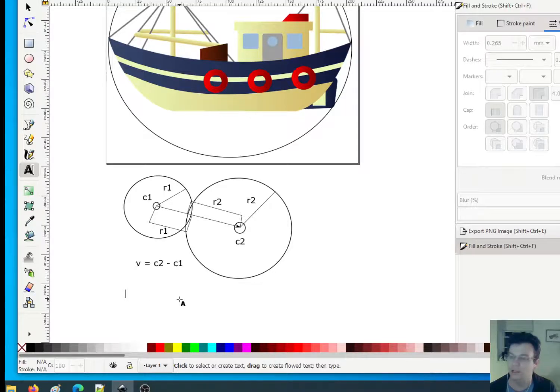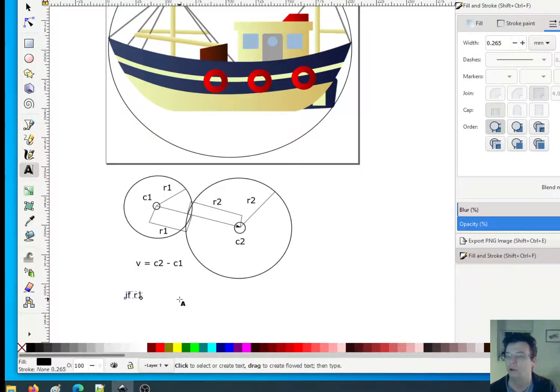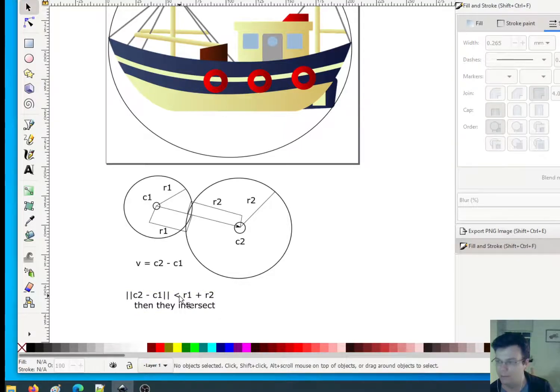So the condition is if R1 plus R2 is greater than the magnitude of C2 minus C1, or C1 minus C2, then they intersect. Actually, it's probably a little clearer if I write it the other way around. If the distance between the two centers is less than the sum of the radii, then they intersect, and it's really as simple as that.